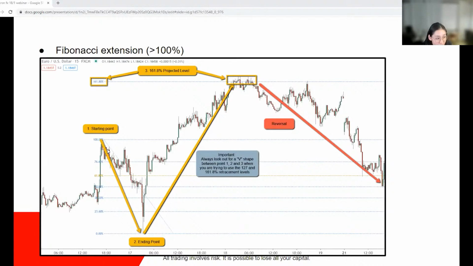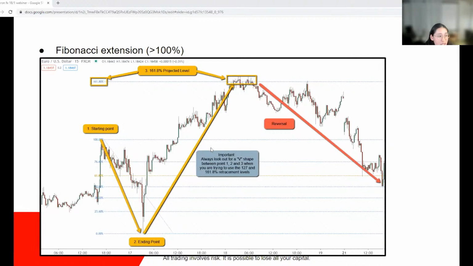For a Nike tick, you want to take the shorter end of the tick as the starting point. You retrace this area, this trend line is over here, and it results in a reversal over here. When you use this trend line, it gave us a 161.8 projected level.